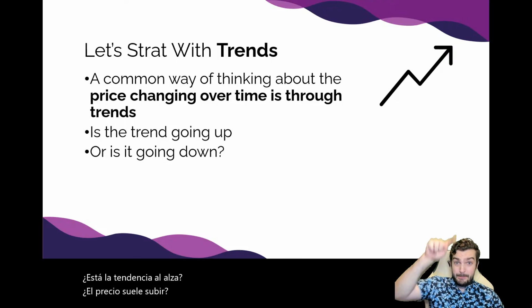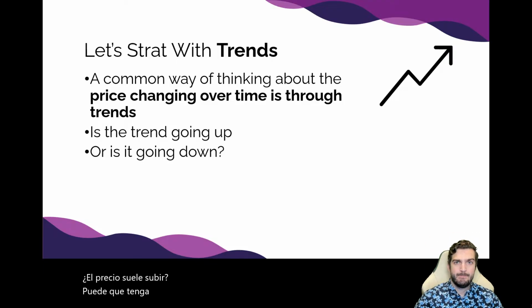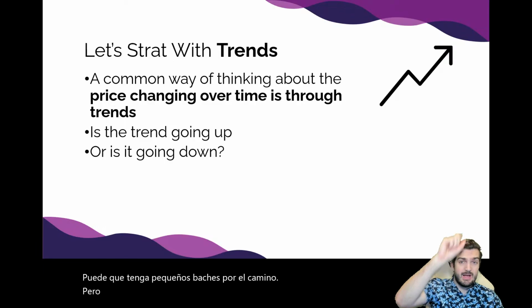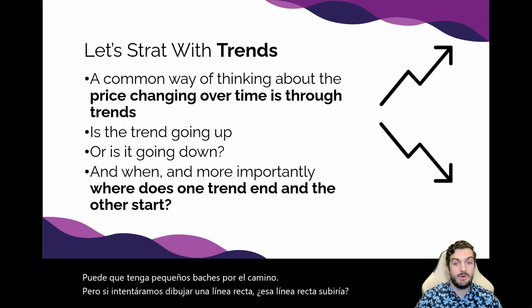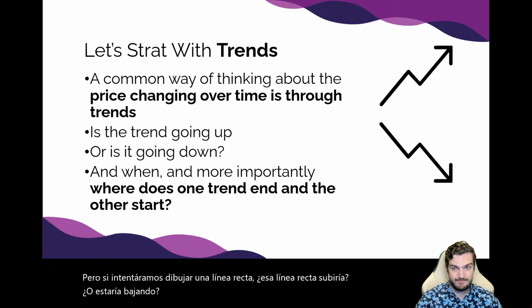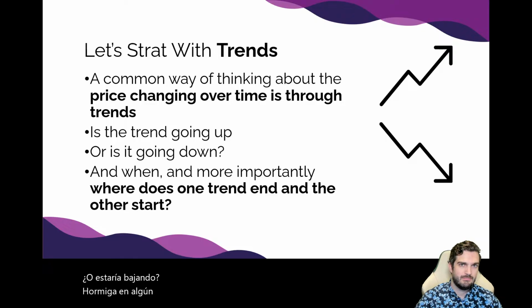It might have little bumps along the way, but if we tried to draw a straight line, would that straight line be going up? Or would it be going down? And somewhere in between those two, an uptrend and a downtrend, there has to be a point where one trend stopped and the other one began.